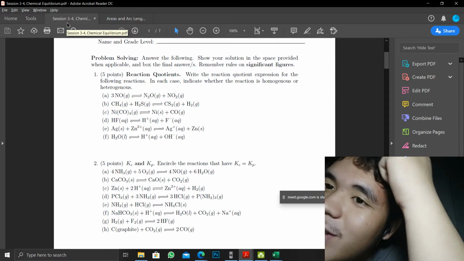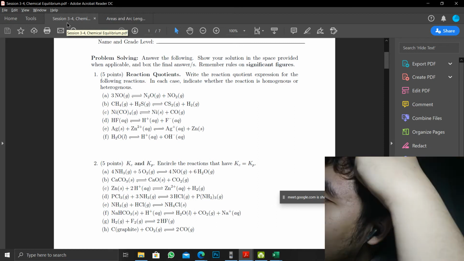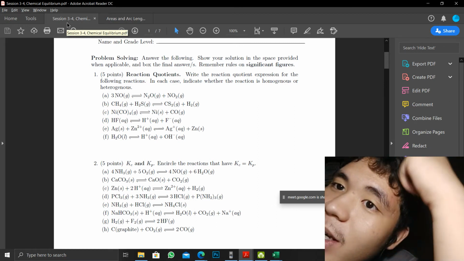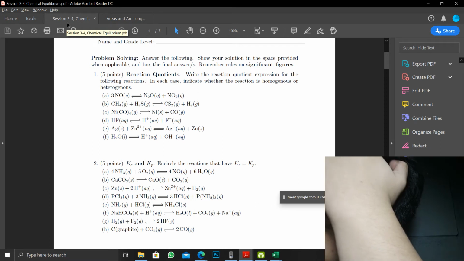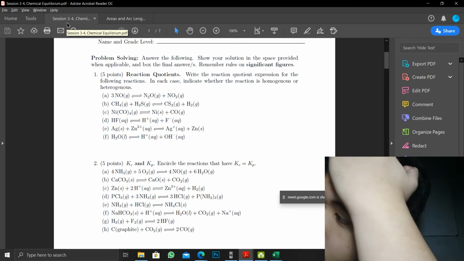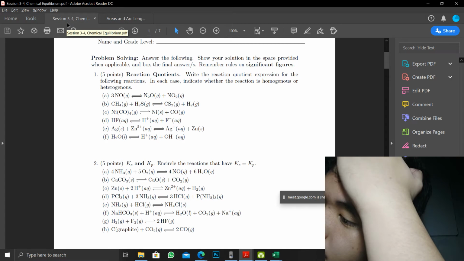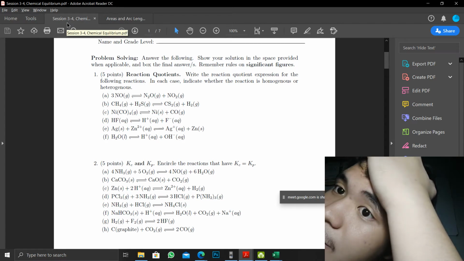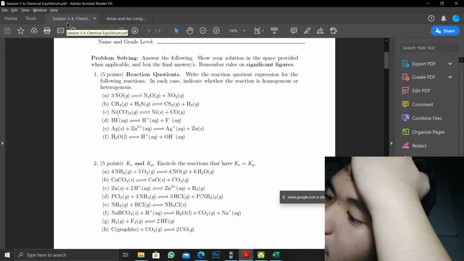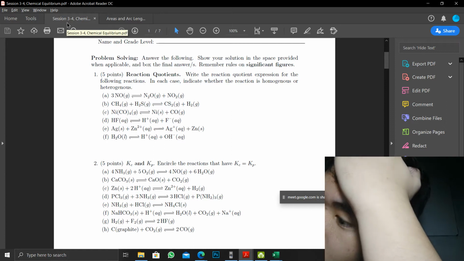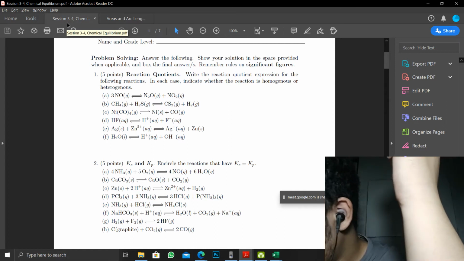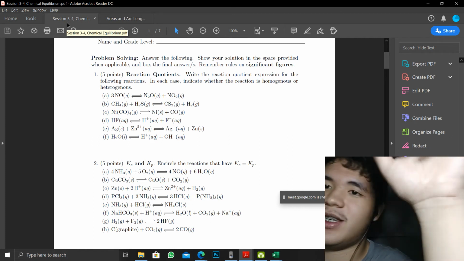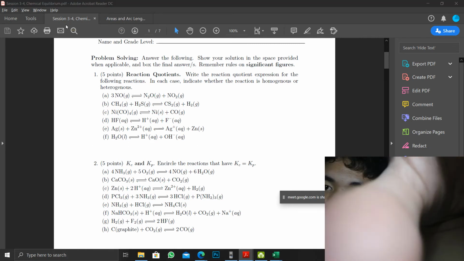Letter D, H plus, F minus, HF. Homogeneous, heterogeneous, H plus, OH minus. Okay, sige. Teka. Sige, I'm going to type your feedback.